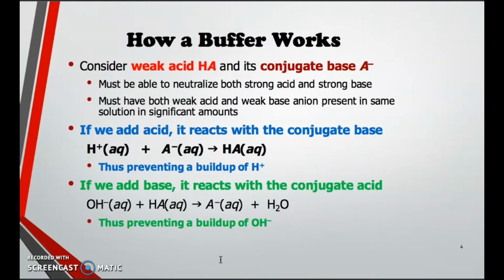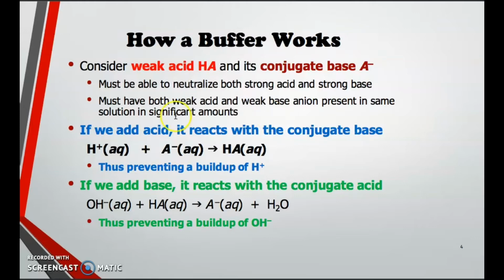How a buffer works. Consider weak acid HA and its conjugate base A-. It must be able to neutralize both strong acid and strong base. It must have both weak acid and its conjugate base present in the same solution in significant amounts.